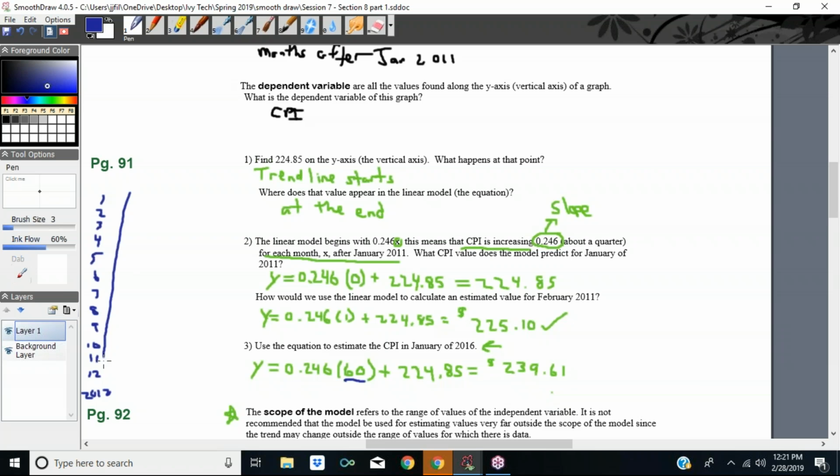We would do the same thing for 2013, 2014, 2015, to January of 2016. It's 12 times 5, so there are 60 months, because we're counting the January of 2016 in there since that's where we're ending. So that's why it ends up being 60.